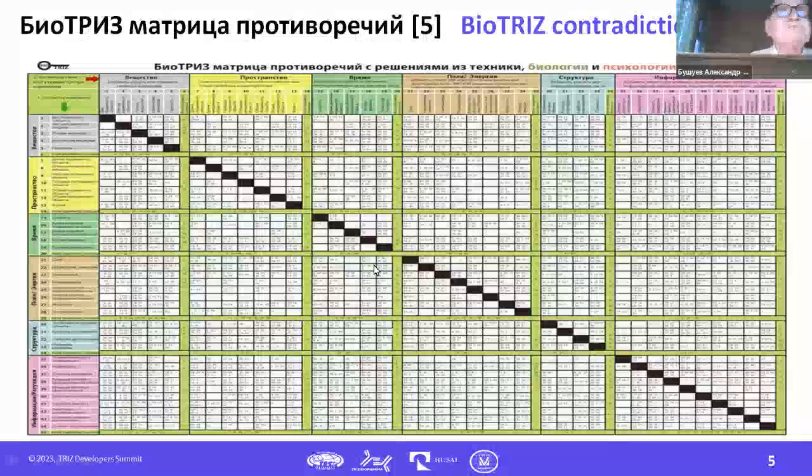He started his activities in the Soviet Union, as far as I know. They are working in the UK, and they developed this bio-trees contradiction matrix on the edge of psychology, biology, and other sciences. We don't want to describe all these parameters, but we see that this matrix was developed in 2019.